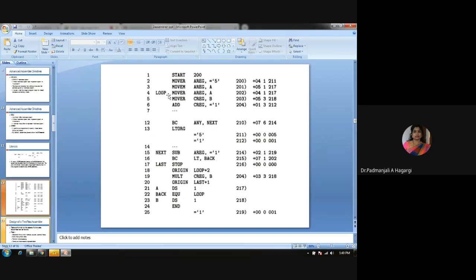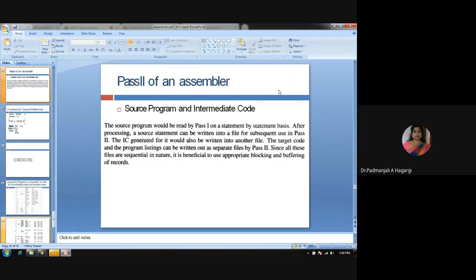The assembler will accept such an assembly language program as the input and generate the object program. So what would happen during this period? It parses, it comes across analysis, and it comes across synthesis, and it gives you the object code.